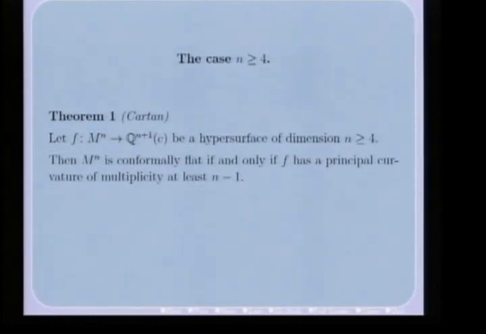If n is greater than or equal to 4, one has this classical result by Cartan, which says that if we have a hypersurface in a space form with dimension at least 4, then it is conformally flat if and only if the hypersurface admits a principal curvature with multiplicity at least n minus 1.